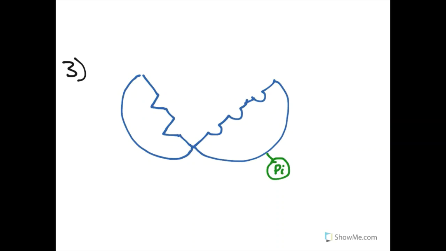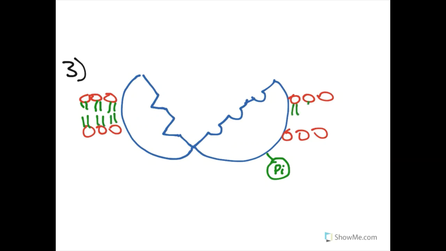So let us draw our cell membrane here, making sure we know what is going on here, where things are. And we really need to make sure that we put our ECF and our ICF here. So our ECF, extracellular fluid, and our ICF, our intracellular fluid, on the inside.